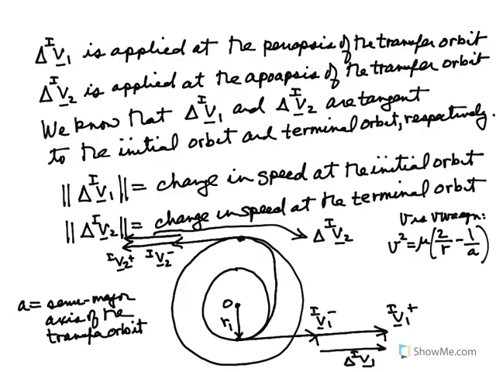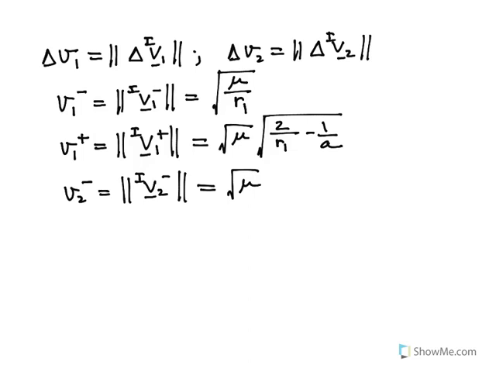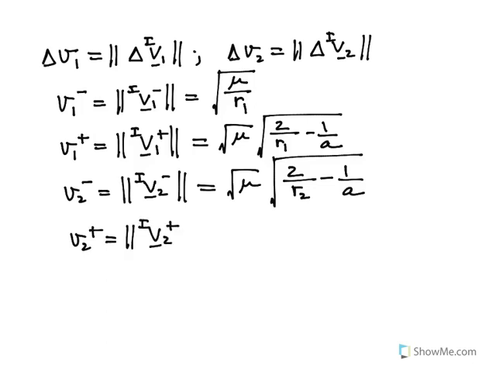But again, look at where this impulse is applied. It's applied at a radius, or distance, r2 away from the focus. So that's equal to the square root of mu times the square root of 2 over r2 minus 1 over a. And then v2 plus is equal to the magnitude of v2 plus I, which is equal to the square root of mu over r2. And that's the final circular speed.